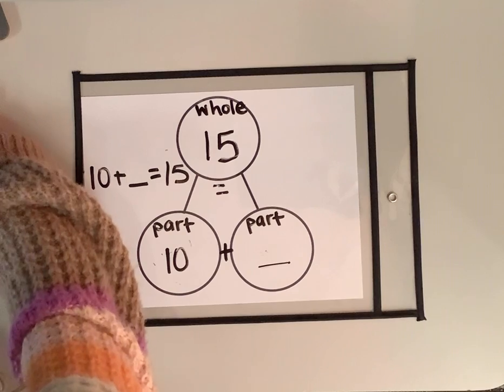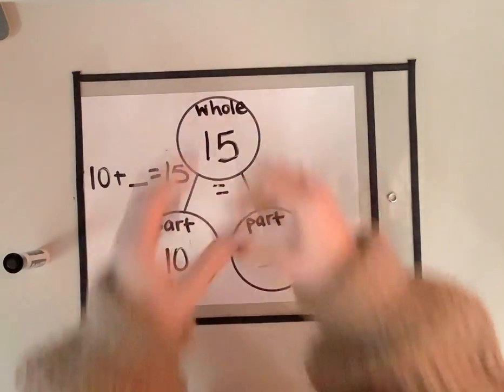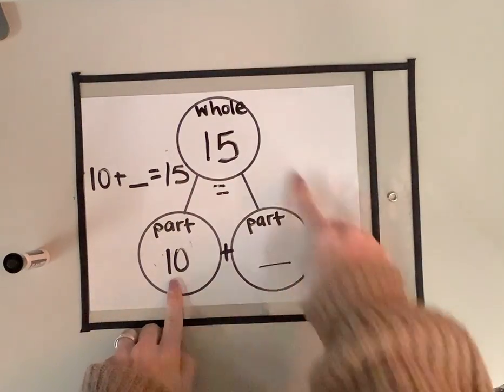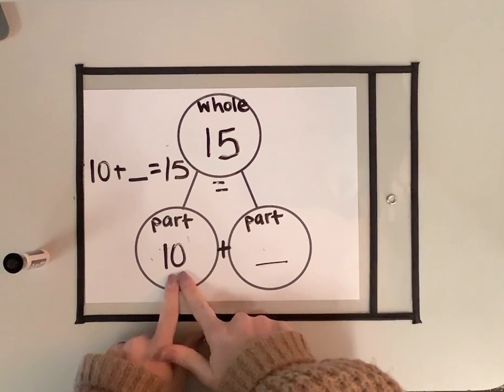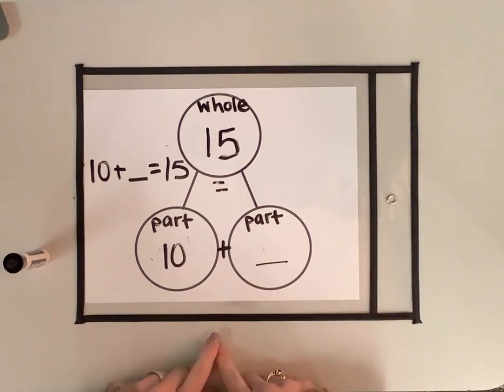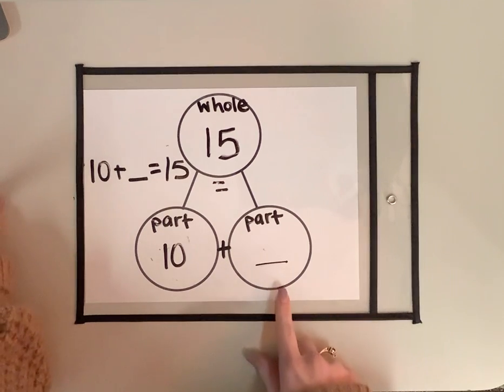Okay, all right. So we remember from our motion that we do part, part, whole. We add these two together and it equals 15. To get to 15, I have to start at 10 and count forward. Count on to find my change. Let's count together. We're going to start at 10.